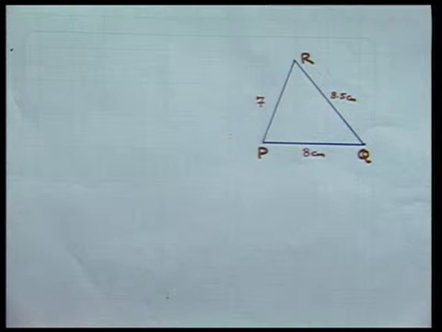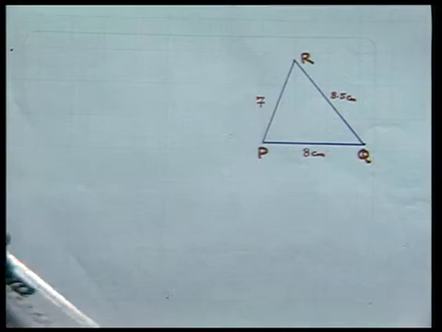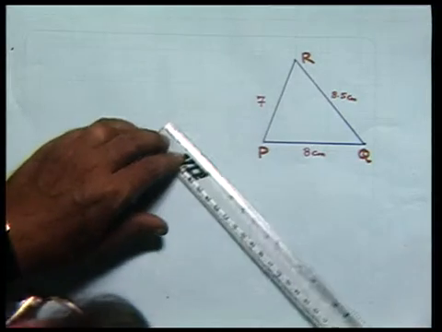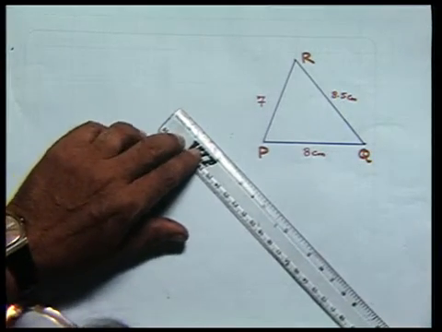So, first I take a line which is twice of QR, that is it should be 17.